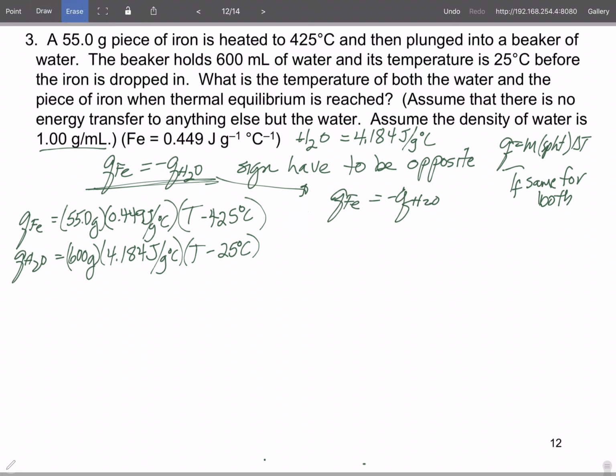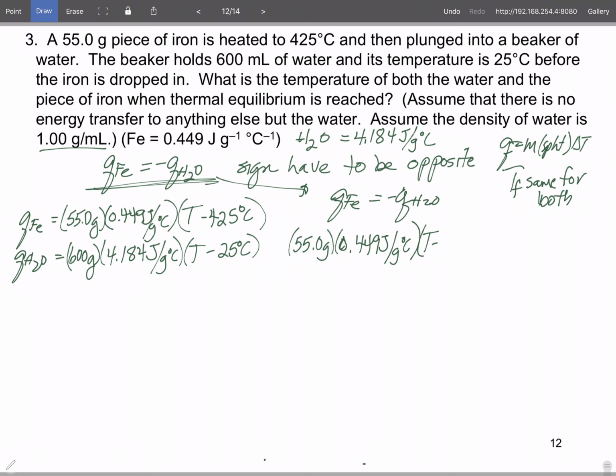Now, that's a straight thing, and I want you to look at it. We're just going to set it equal. So 55.0 grams times 0.449, whoops. See, I can't even copy. The problem on this one, honest to goodness, is you get lost in the algebra.